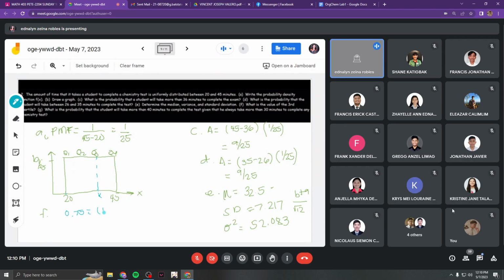So our base is k minus 20. And our height is our f of x, which is constant on our range. So our f of x is 1 over 25. Multiplying both sides by 25, we get 18.75 is equal to k minus 20, and k is equal to 38.75. So this is the answer for letter F.